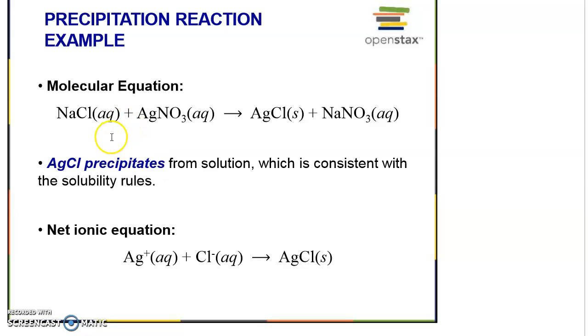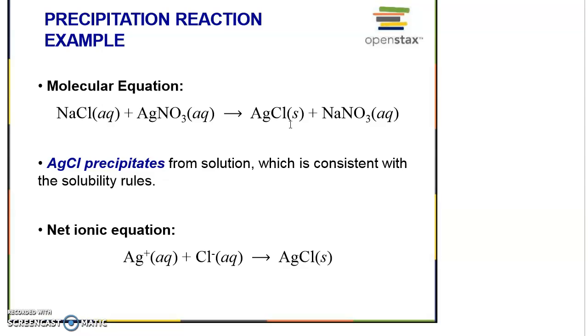All right, let's work on the other one. If you look at this molecular equation over here, what you see on the left is sodium chloride, aqueous solution. What you see is silver nitrate on the left, aqueous solution. Aqueous solution plus aqueous solution, and if you form any solid out of the solution, what do we call that? Precipitation. Yes, that's right. And how do I know that silver chloride is not soluble?